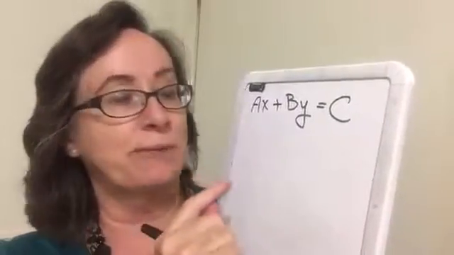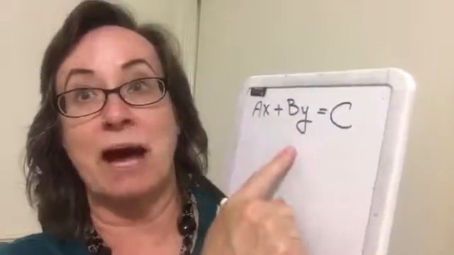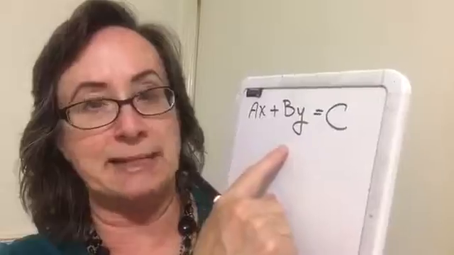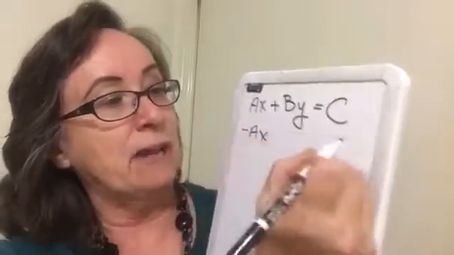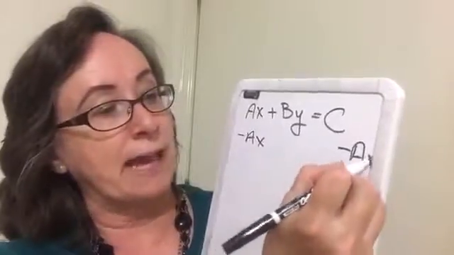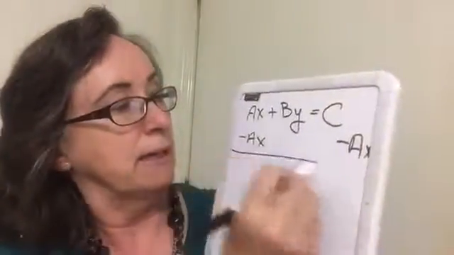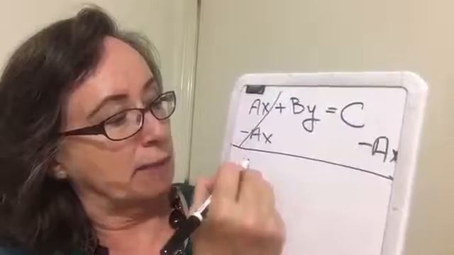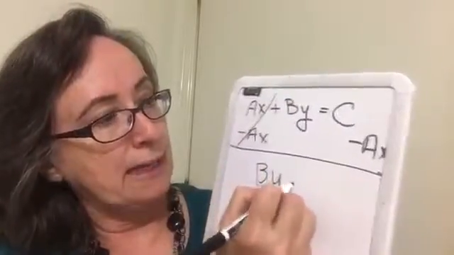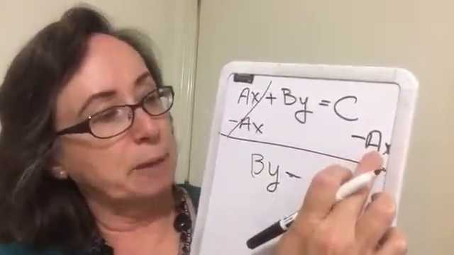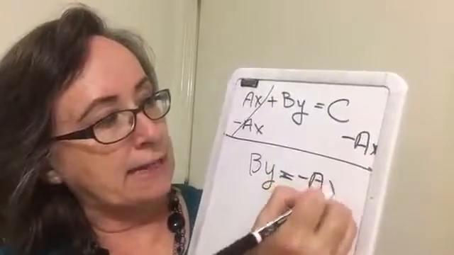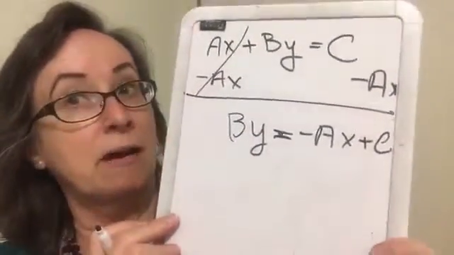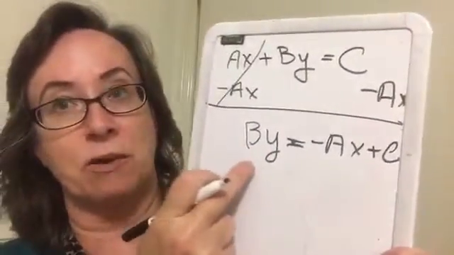So remember that my slope-intercept form has y equals, so I want to get y by itself. So I'm going to subtract the ax from both sides. So now this is going to go out. I'm going to get by equals, and I'm going to put the x value first, -ax plus c.